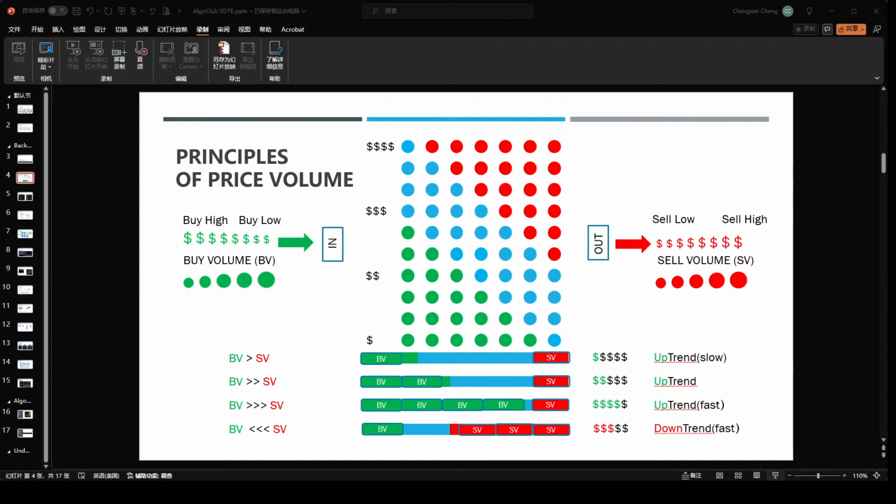Agree? Okay. So the opportunity for the zero DTE trade is to identify where buy volume starts to happen that coincides with the direction of the price.